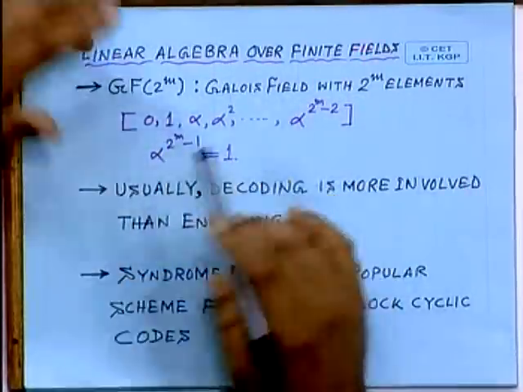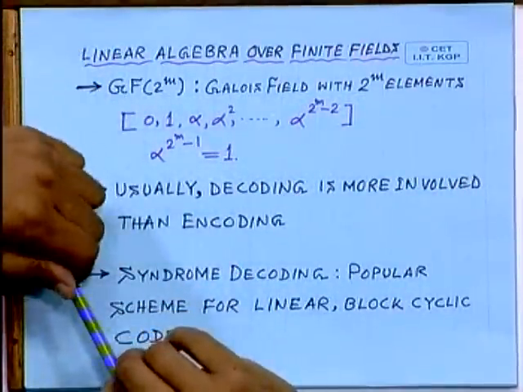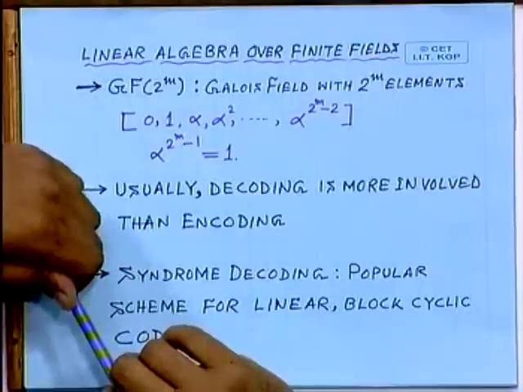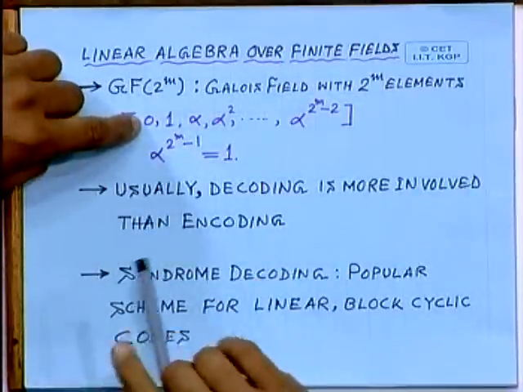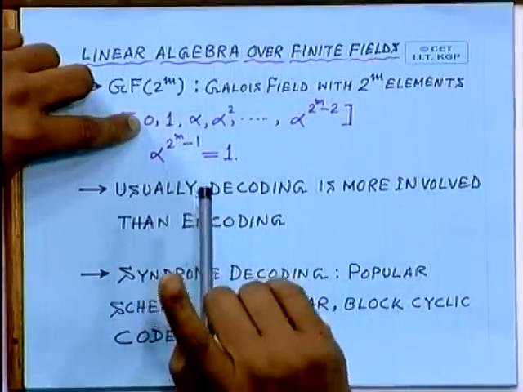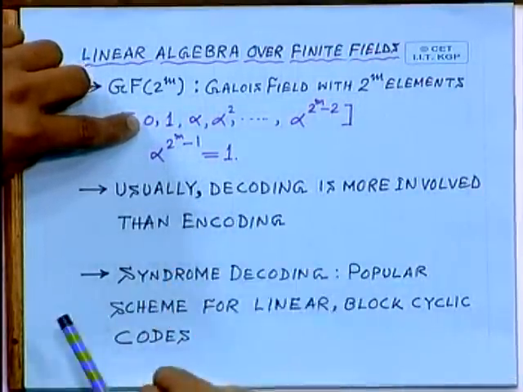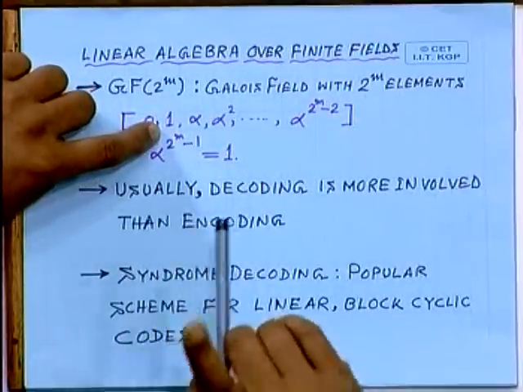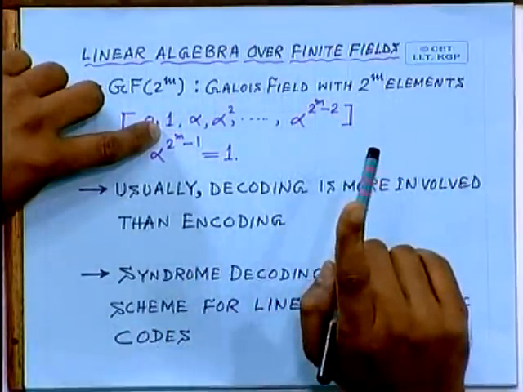Like in our usual sense, 0 happens to be the identity element for addition. So in a finite field also, this symbol 0 is used to indicate the identity element over addition operation, and 1 is the identity element for multiplication operation.